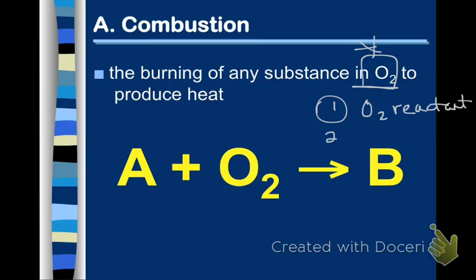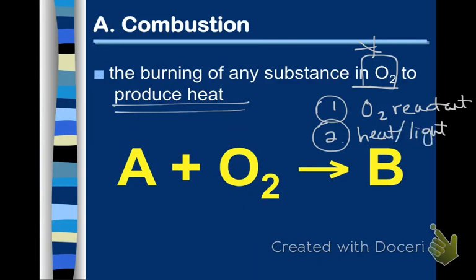And the second thing that you have to have to be considered combustion is a lot of heat and or light has to be produced or given off. Heat and light has to be produced or given off. So it's got to have a lot of energy involved with this type of reaction.